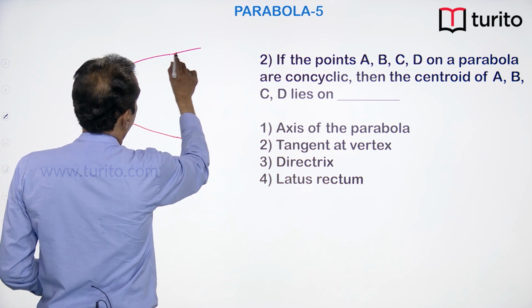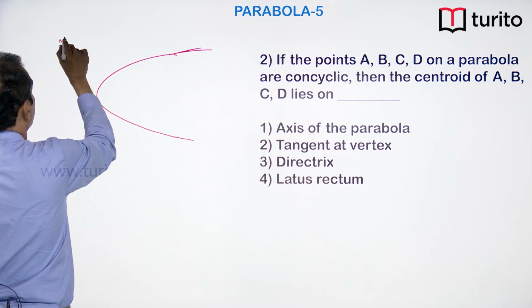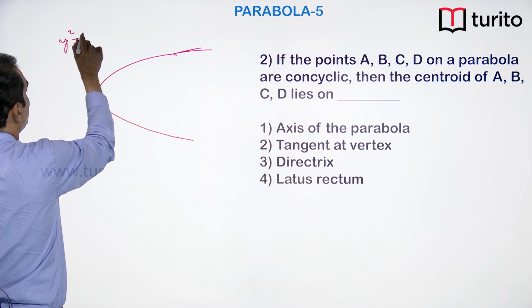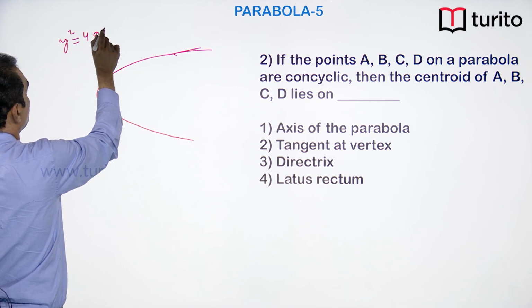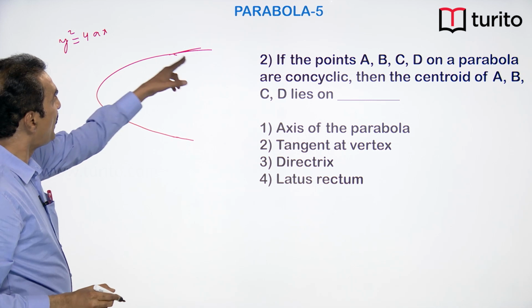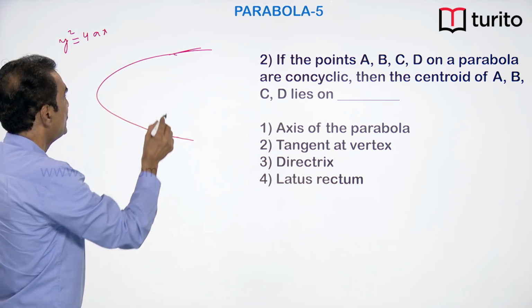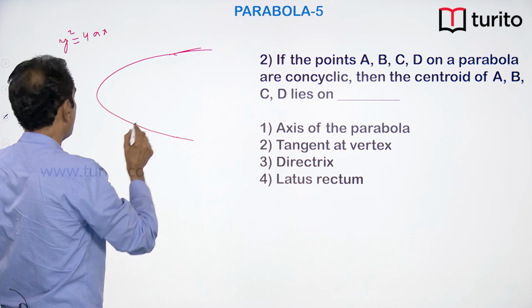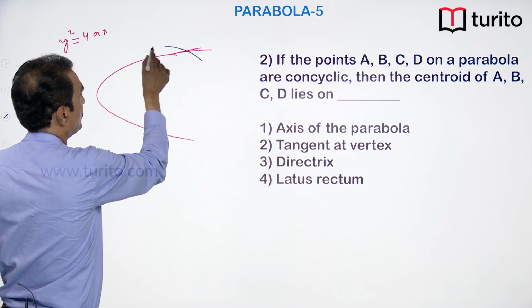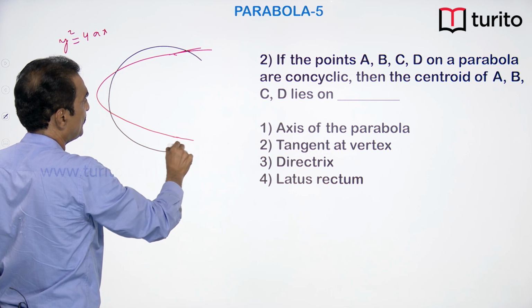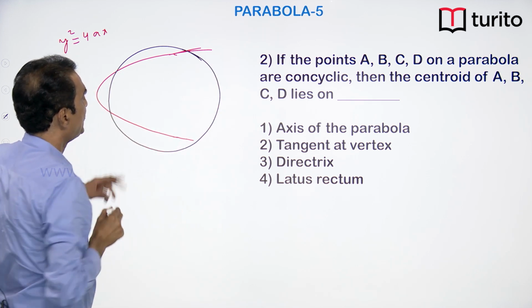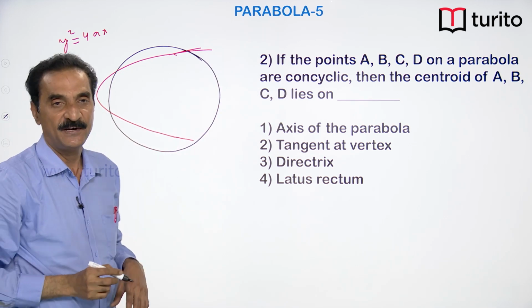Let this be the parabola. Four points are concyclic means a circle passes through those four points. So, I will draw a circle intersecting the parabola at four points.